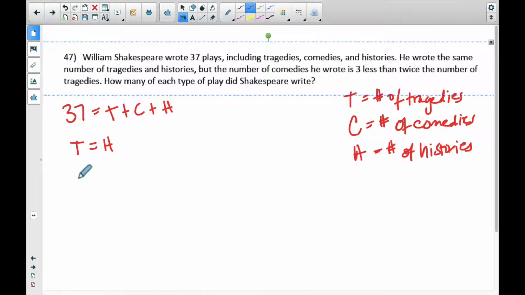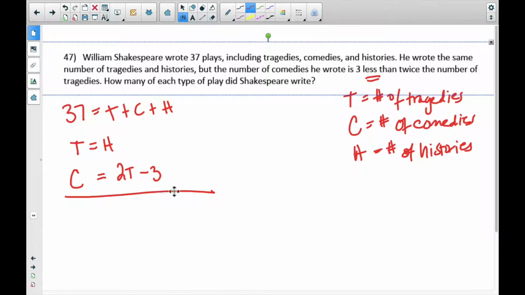But the number of comedies he wrote is 3 less than twice the number of tragedies. Less than is the one time that we put it at the end of the expression instead of the beginning. So it's 3 less than twice the number of tragedies. So we're going to take twice the number of tragedies and subtract 3 for the number of comedies.